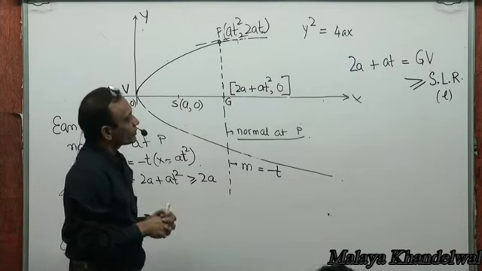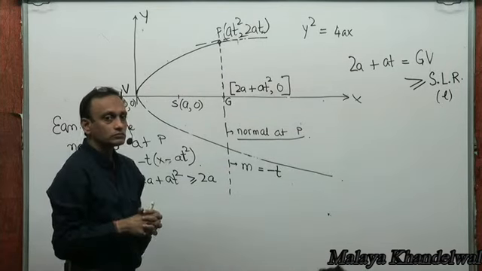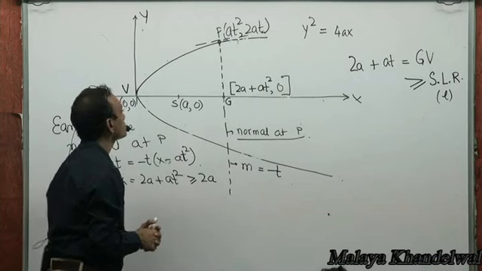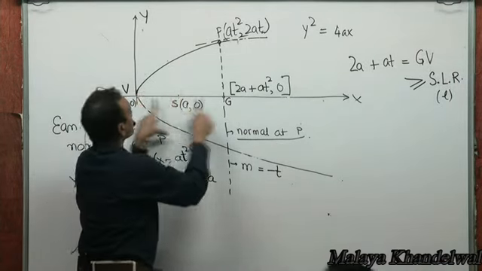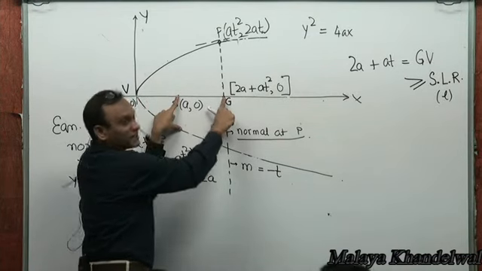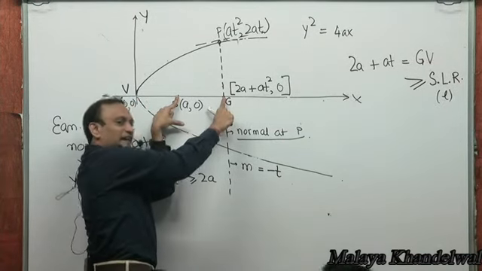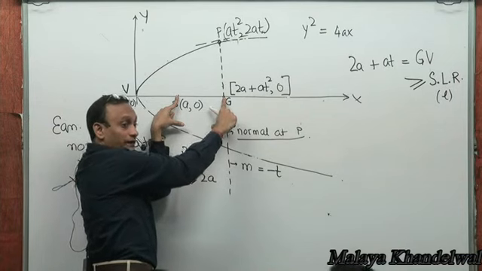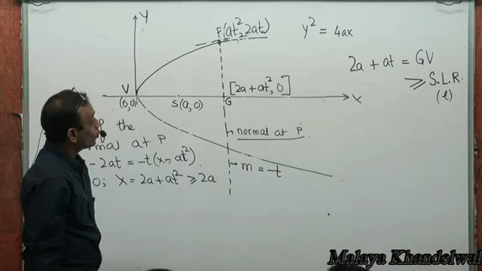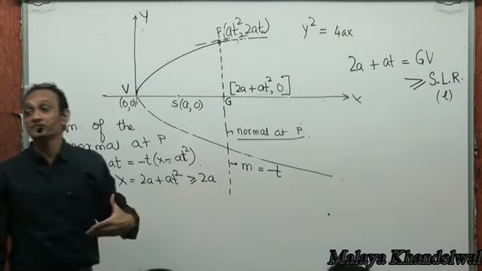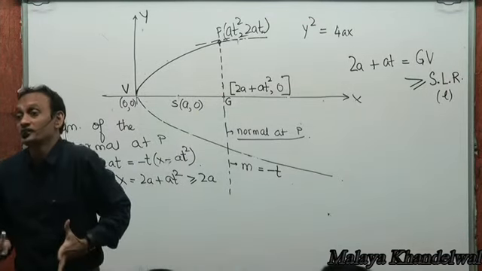Now, that means, if this is a units, this is a units obviously, this must be greater than a units, yes or no, right? Which means, from a point on the axis, if someone says, how many normals can be drawn?